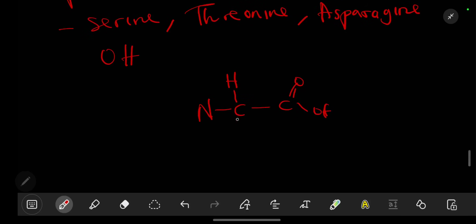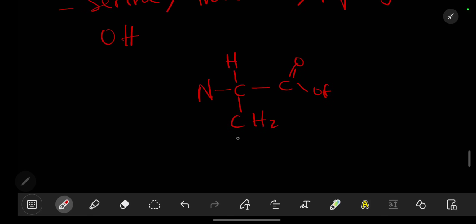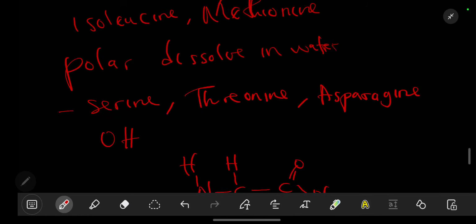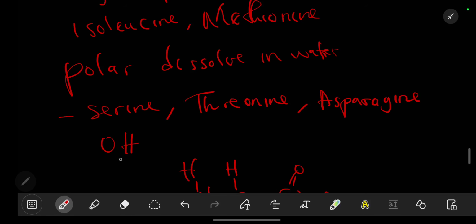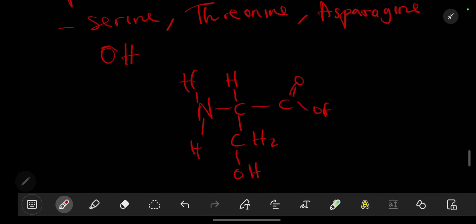Then for serine, here we are going to have CH2 and then our OH. So this is the structure of serine. Most of them have an OH on their side chain, so this makes them soluble in water. They are able to interact with water.